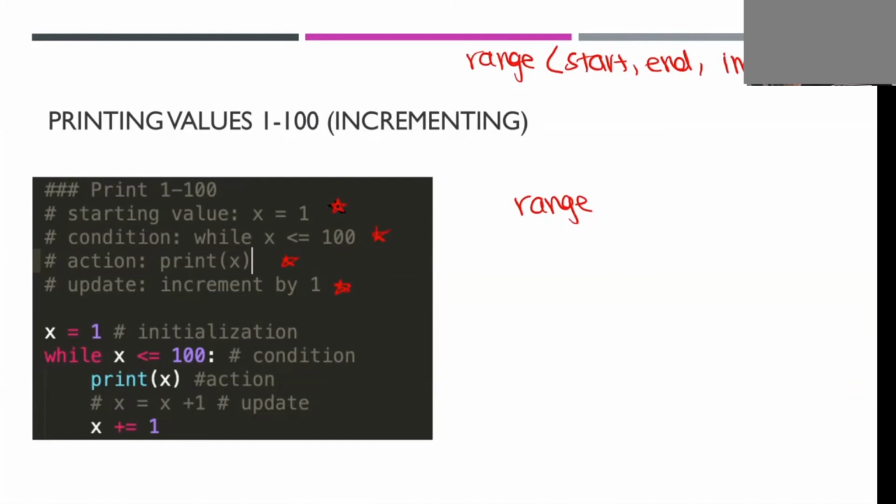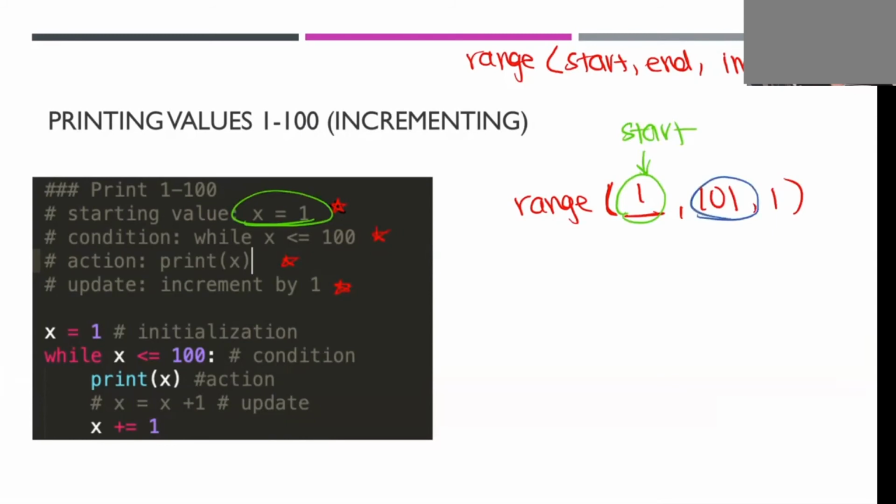So where do we start? Let's start with that. Okay, that will work. So 1, 101, 1. The reason for this: 1 is our start, as you can see, indicated right here. Starting value is 1.